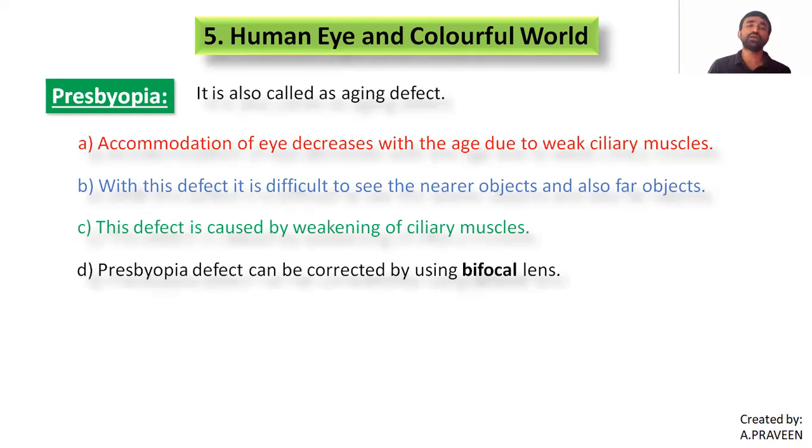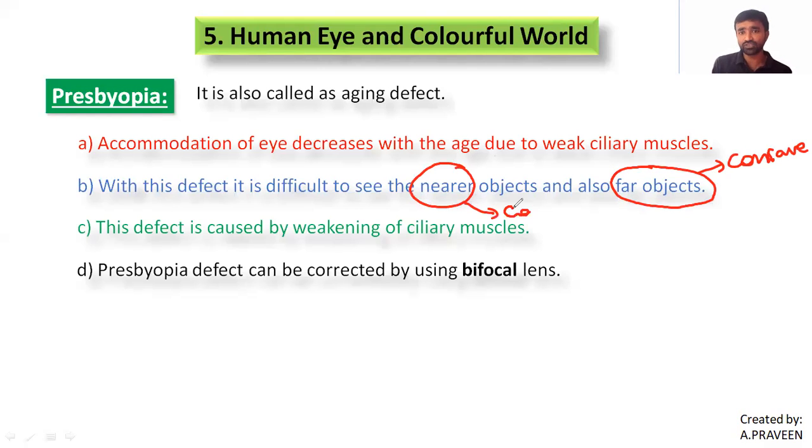Why a combined lens? Because to correct the defect, if he is unable to see the far objects, we require a concave lens, right? To correct the defect of being unable to see near objects, a convex lens.